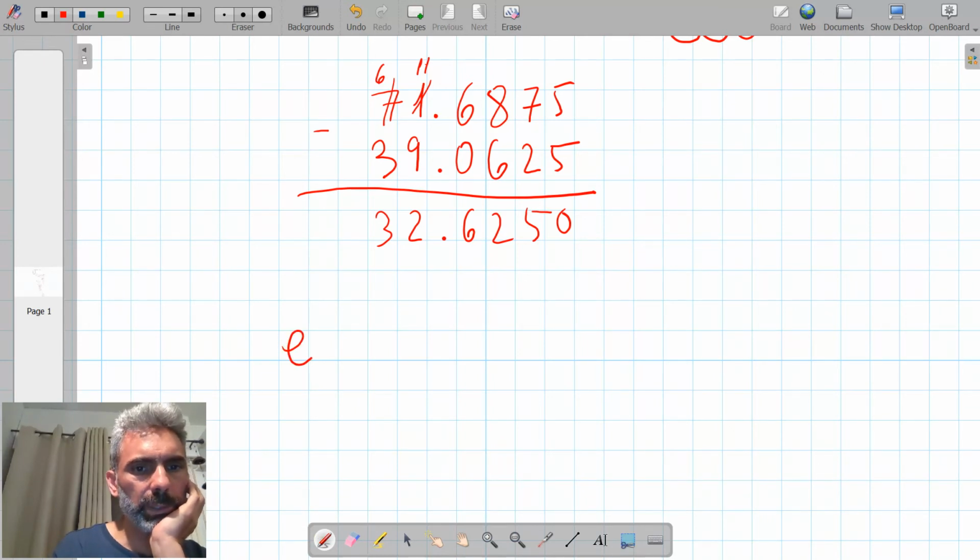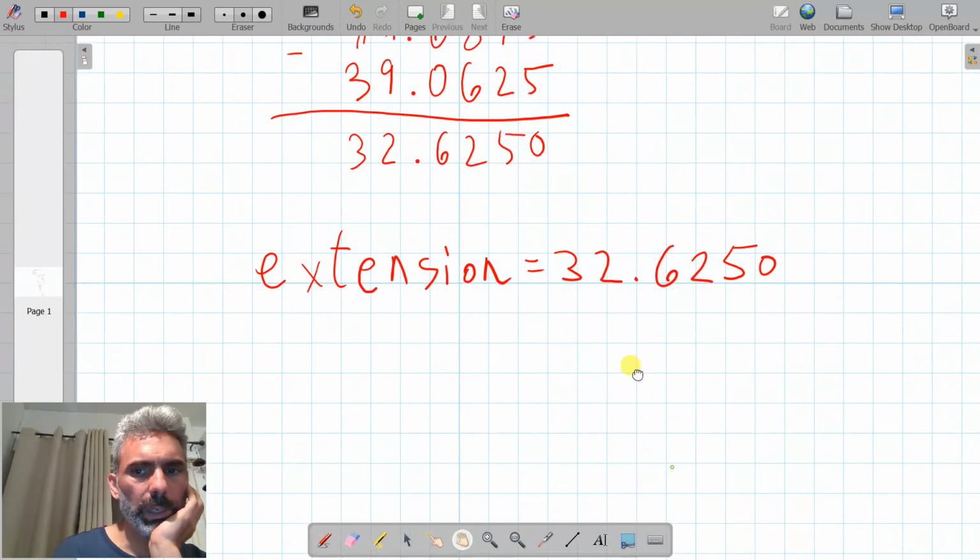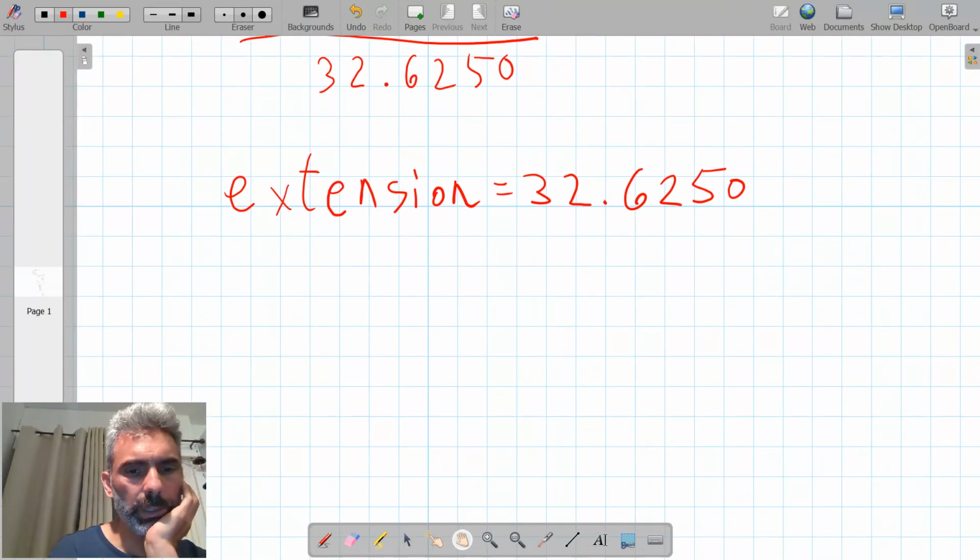So this is the extension area. Extension area is 32.625. So I need to divide the extension area by the area of one tile.